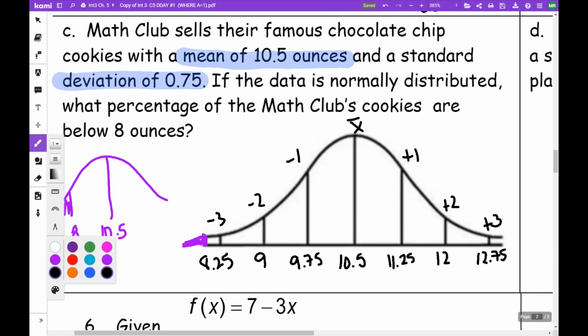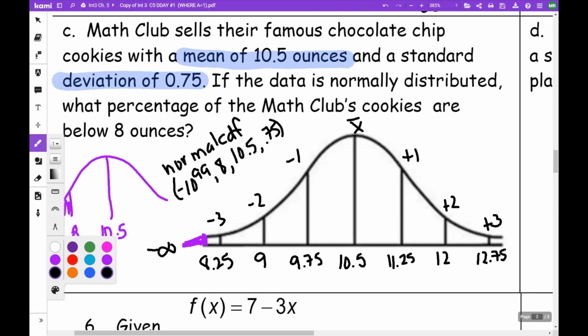So we are going to put in normal CDF. We're going to go to negative infinity, so that lower bound is going to be negative 10 to the 99. Upper is going to be 8. Mean is 10.5 and standard deviation is 0.75.